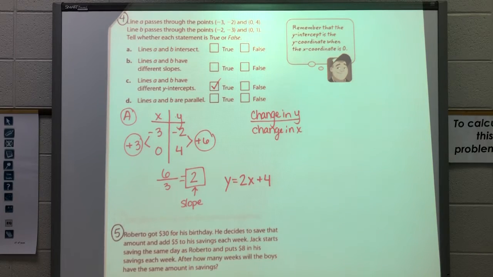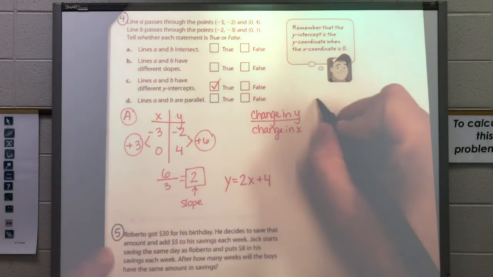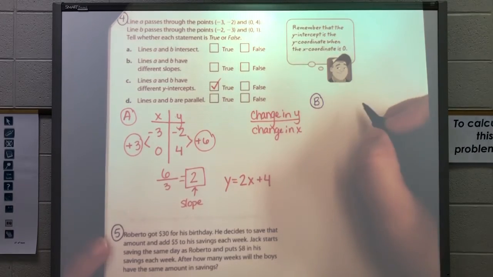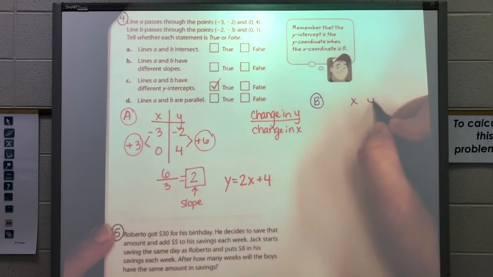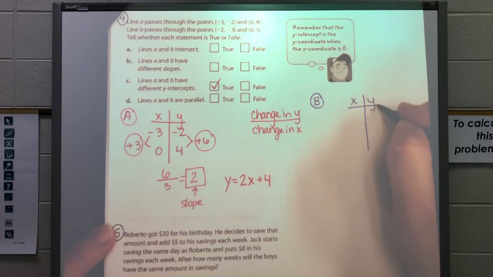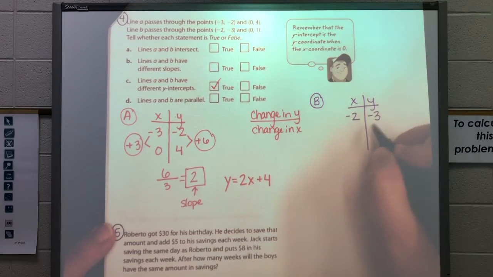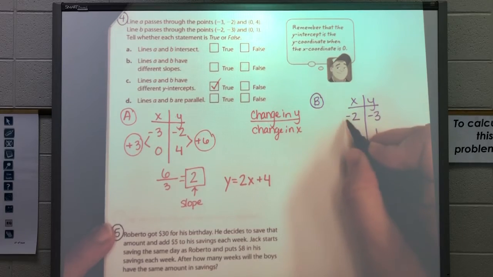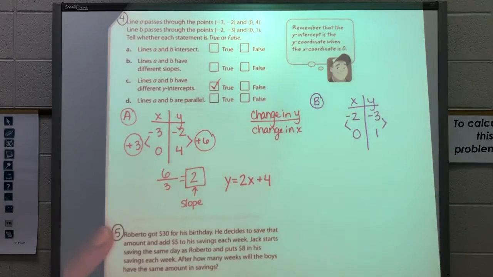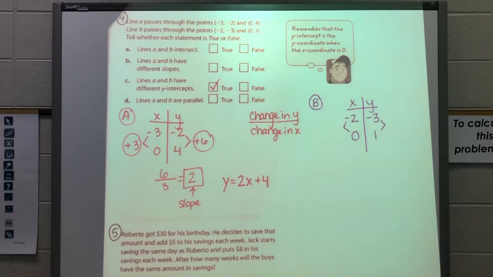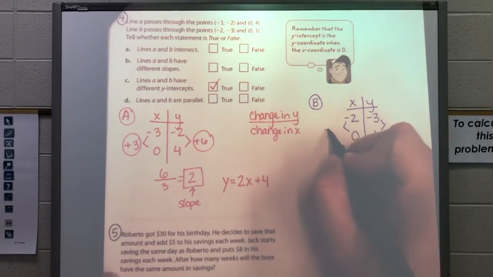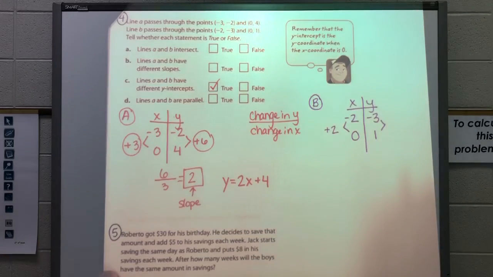So line B. We're going to do the same process, except different coordinates, of course. The first coordinate is -2, -3. The second coordinate is 0, 1. And we're going to do the same exact thing. We're thinking to ourselves, okay, how do you get from -2 to 0, and how do you get from -3 to 1? Well, from -2 to 0, I add 2.